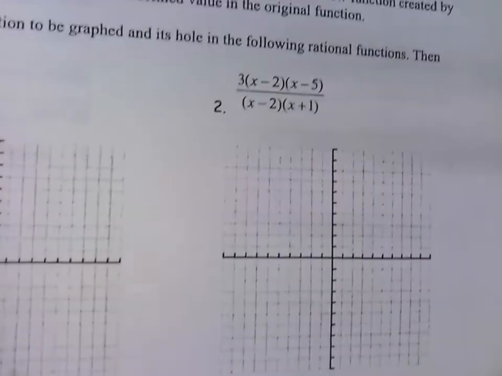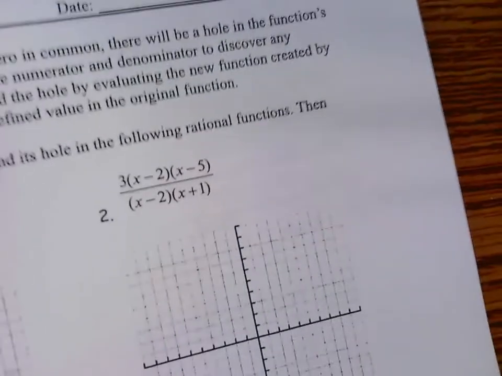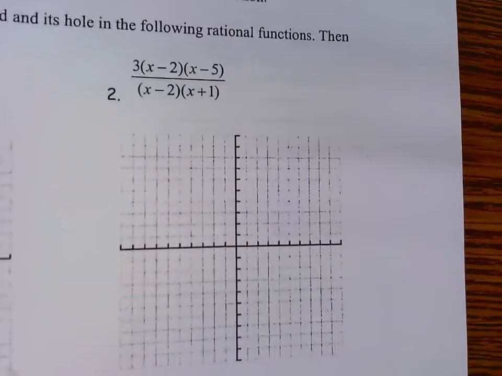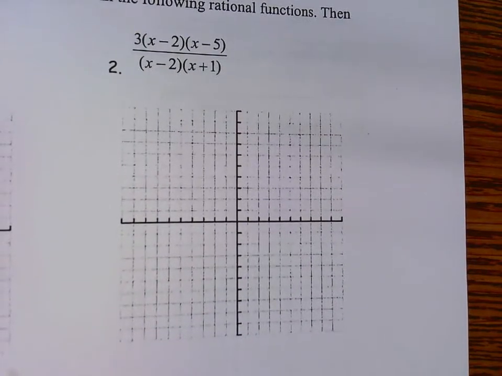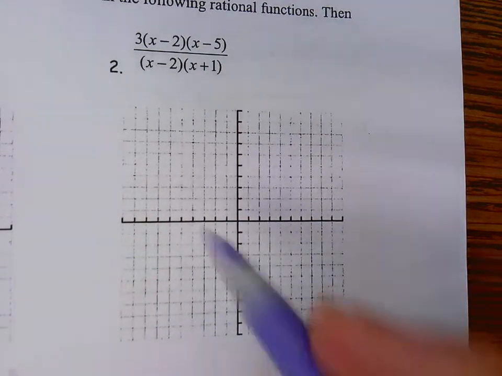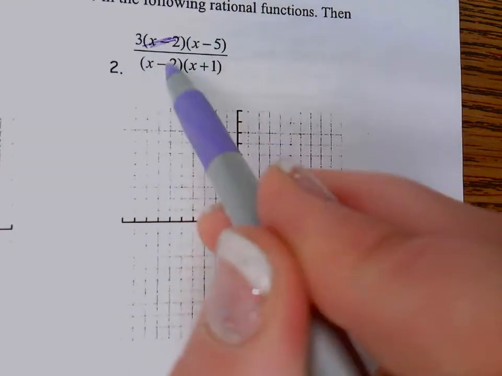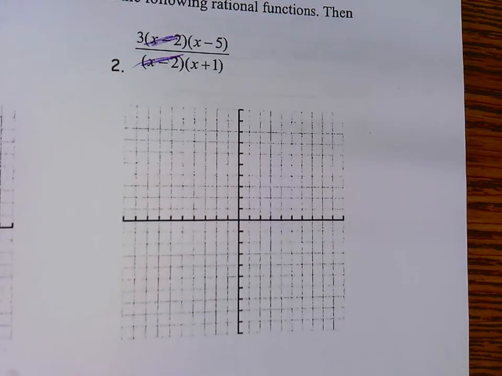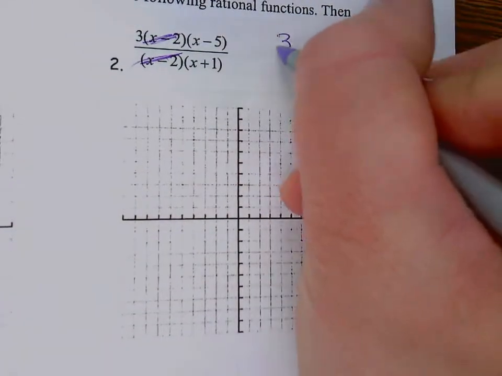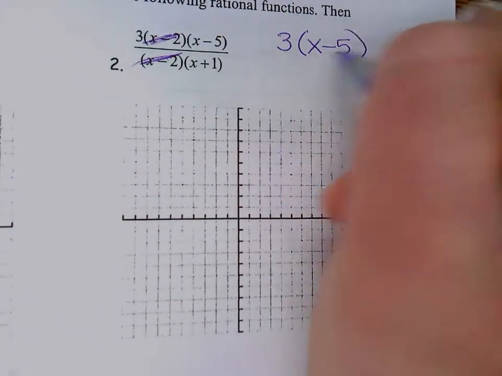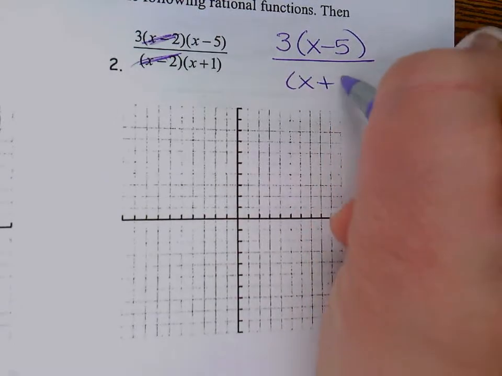That makes it a little bit easier. Can you see that there's a common factor in number 2? So what would cancel? The x minus 2 here with the x minus 2 here cancels. Anything divided by itself is 1. So my new function, I'm going to leave it in factored form. I think factored form is always best.